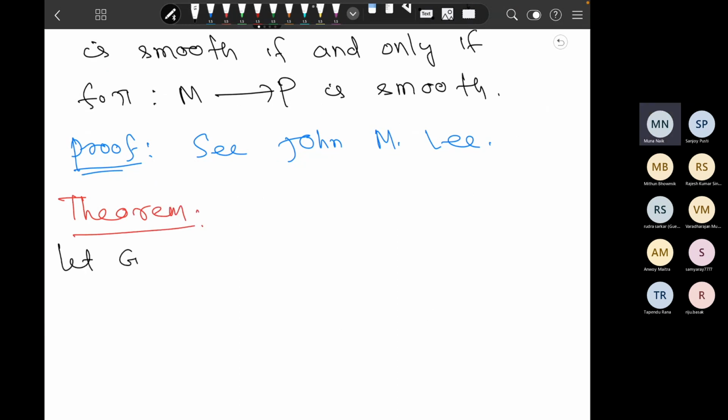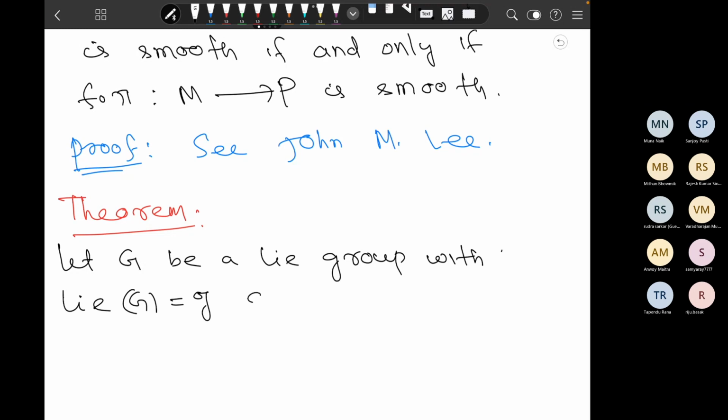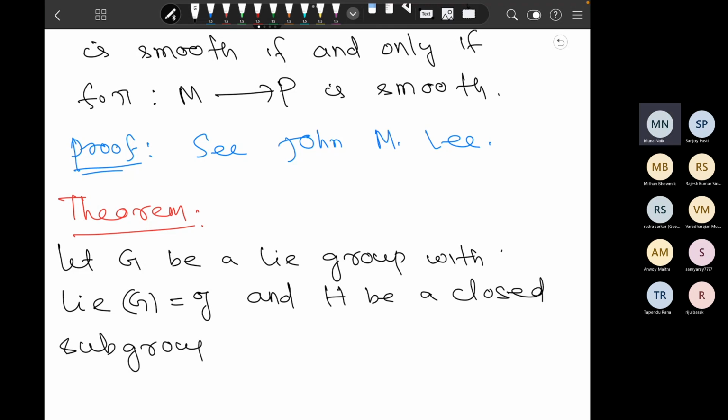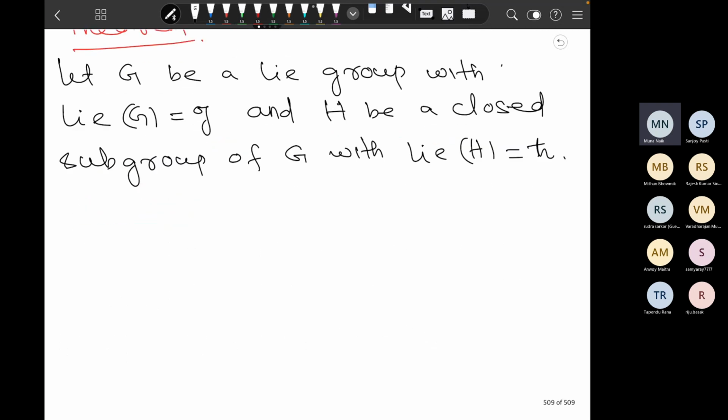Let G be a Lie group with Lie algebra 𝔤, and let H be a closed subgroup of G, with Lie algebra of H equal to 𝔥. Let π from G to G/H be the canonical projection.